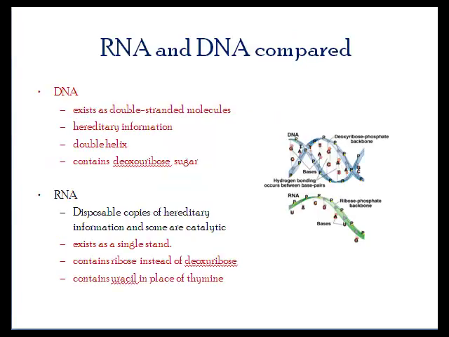So let's compare DNA and RNA. We did DNA a little in the previous section. DNA was a double-stranded molecule. RNA is always a single-strand molecule. DNA has the information code. RNA pretty much passes this code along and sometimes also has an enzymatic property, which means that RNA can actually act as an enzyme.